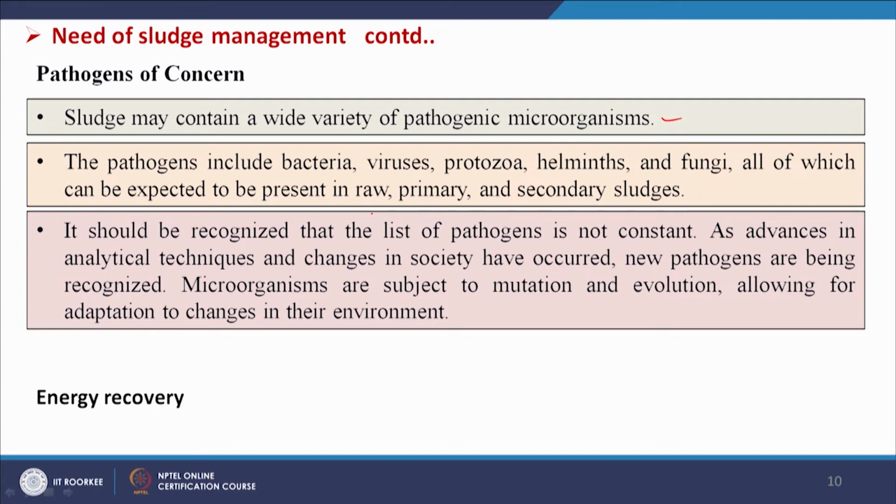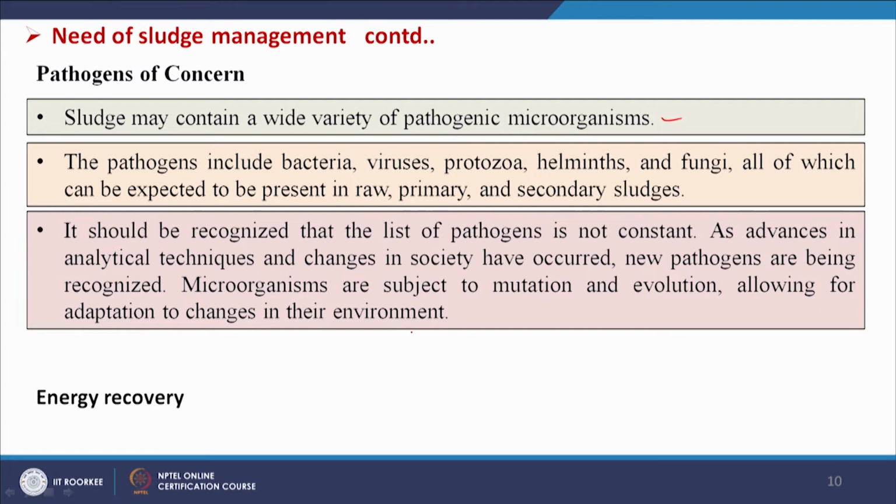As advances in analytical techniques and changes in society have occurred, new pathogens are being recognized. So, day by day some new pathogens are also being identified and recognized, and microorganisms are subject to mutation and evolution, allowing for adaptation to changes in their environment.